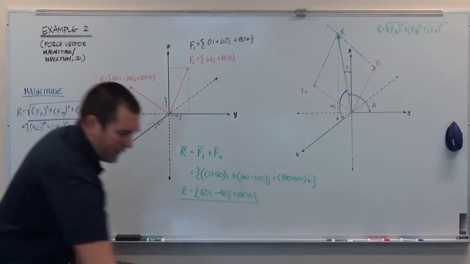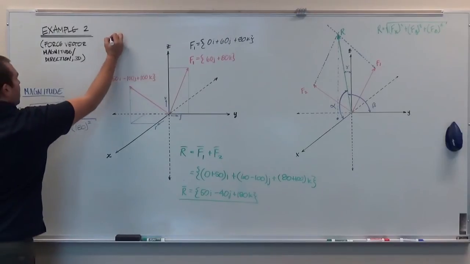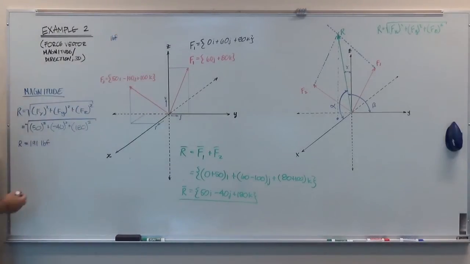And we'll find that the magnitude is 191. So r equals 191. In this case, we're talking about pound force, or the given units for this problem. I didn't include that at the beginning. So magnitude, Pythagorean theorem, relatively straightforward.